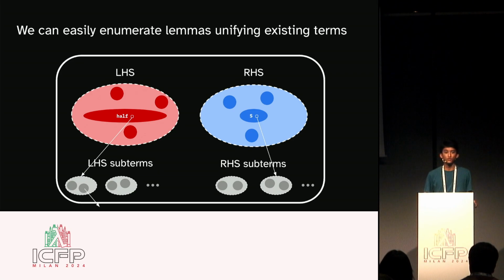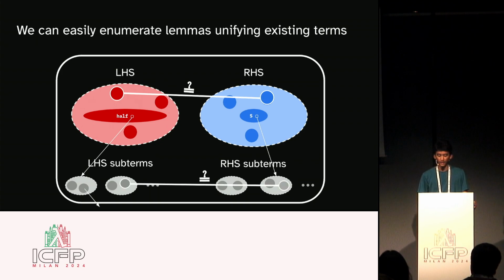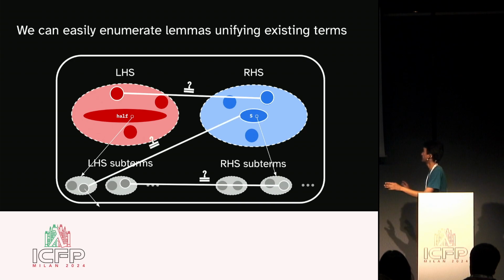And if we want to enumerate lemmas that are relevant to us, all we need to do is enumerate pairs of E-classes, find terms from within them, and conjecture lemmas from them. I'm sweeping a lot of complexity under the rug here, but I want you to take the big idea out, which is that we can take pairs of E-classes and find lemmas from them, rather than doing this bottom-up enumeration.